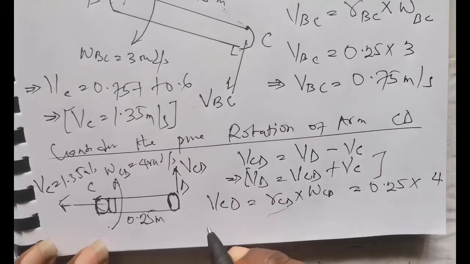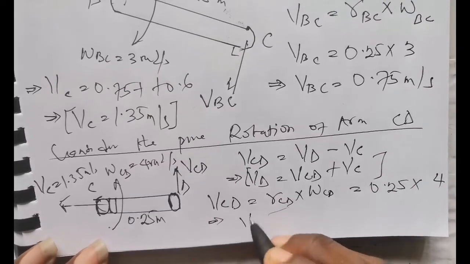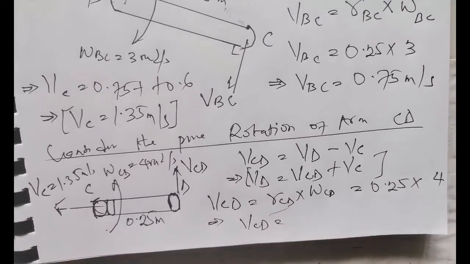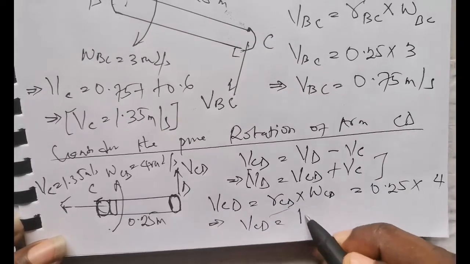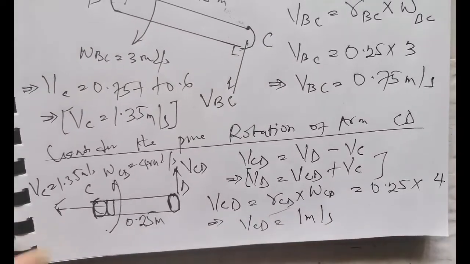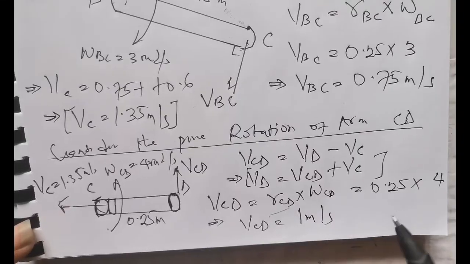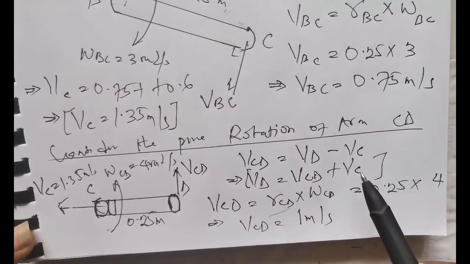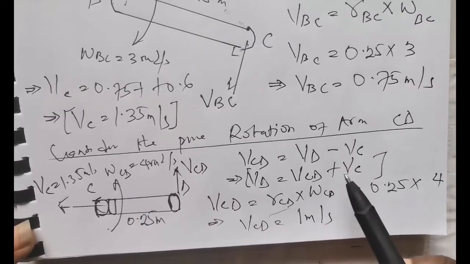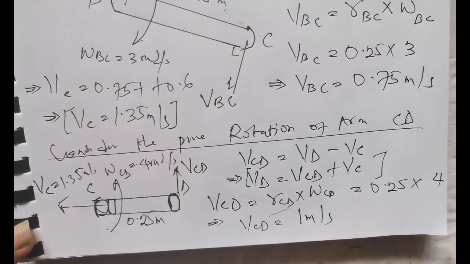This simply implies that the relative speed between C and D is equal to, let's obtain that multiple, 0.25 multiplied by 4 gives us 1 meter per second. So if this is the relative speed, then plug it into this equation to find the value of velocity at point D.